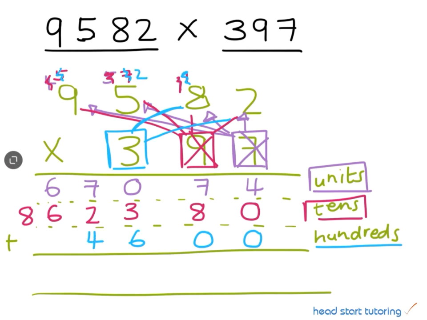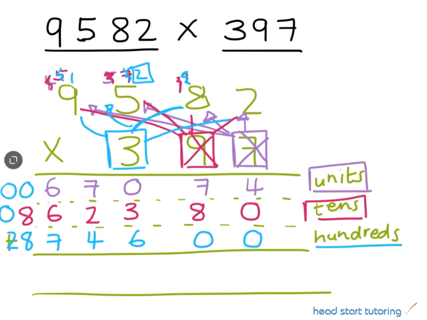Then we've got 3 times by 5, which is equal to 15, 16, 17. Put down our 7, carry our 1. And then we've got 3 by 9, which is 27, and 28. So then we just put in some placeholders here. And then we need to add.